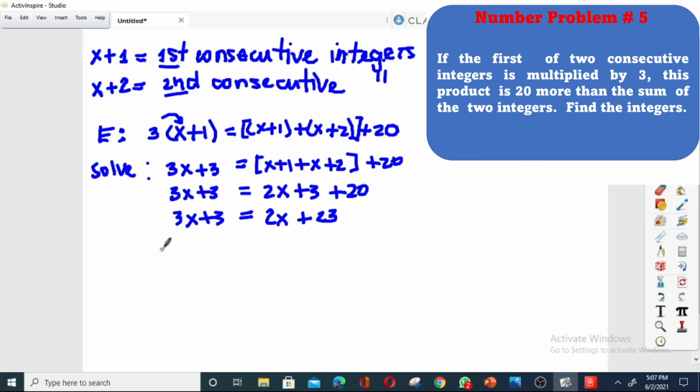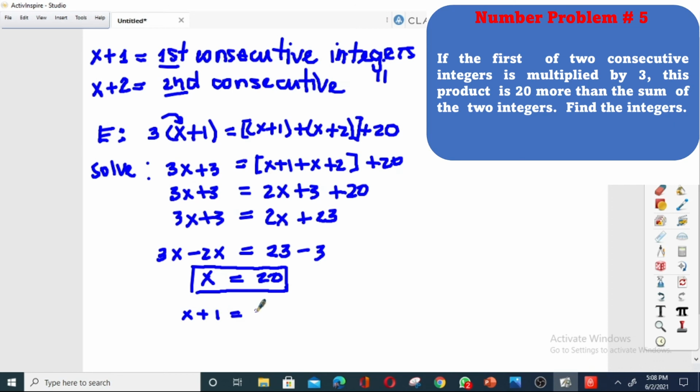So let us transpose 2x to the left. 3x minus 2x is equal to 23 minus 3. Transpose positive 2x to the left. So x is equal to, 3x minus 2x is x, and 23 minus 3 is 20. So therefore, the first consecutive integer will be x plus 1, which is 20 plus 1, equal to 21.